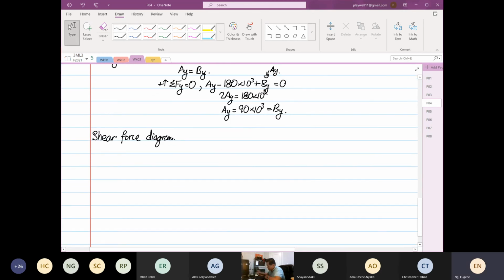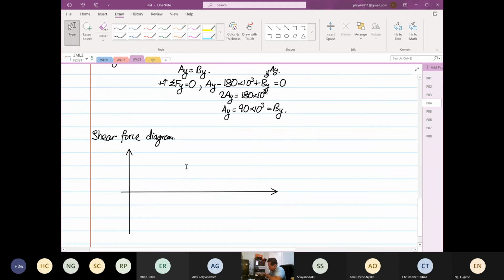Okay. So our shear force diagram. So this is V. This is X. Over here is 0. Over here is 0.5.